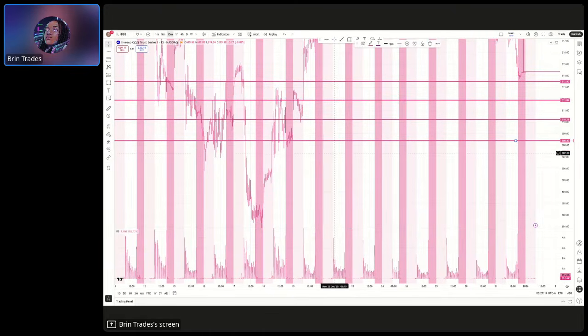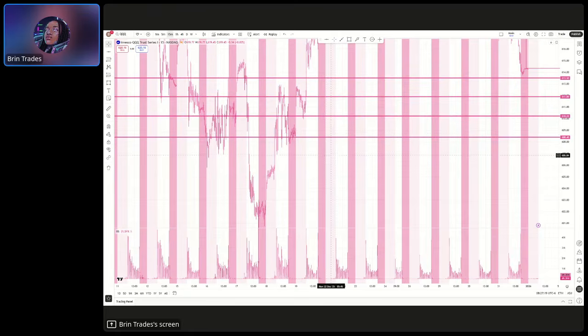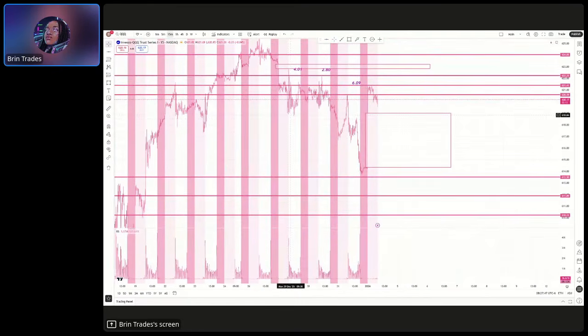Let me show you a zone right here. And then one more price target. 608.40. It'll be 608 minus 40, and then another 40, it'll be 606.60. So around this zone. Yeah, so we have our price targets.